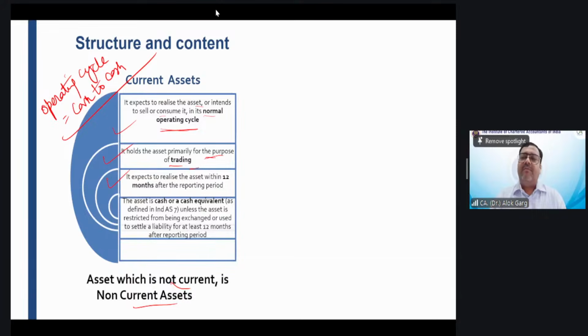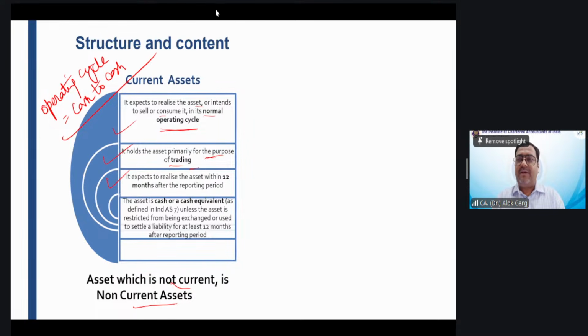My question is, what will be the classification of this security deposit? If tomorrow the company goes and asks for the refund, the electricity connection will be cut and the electricity board will refund the money to the company.